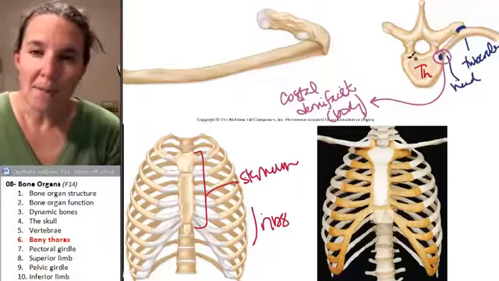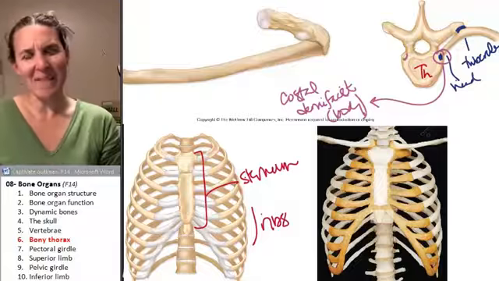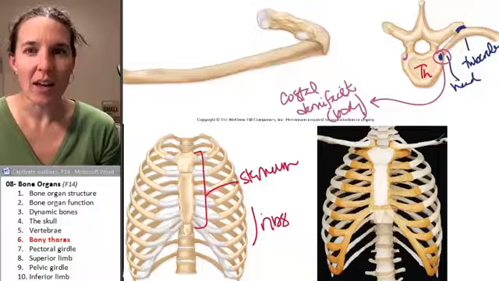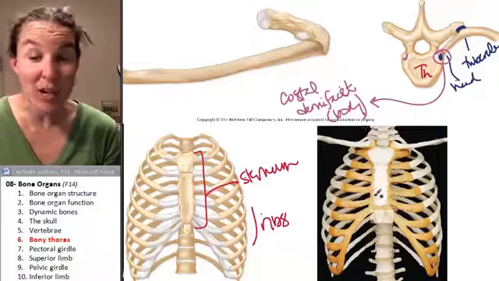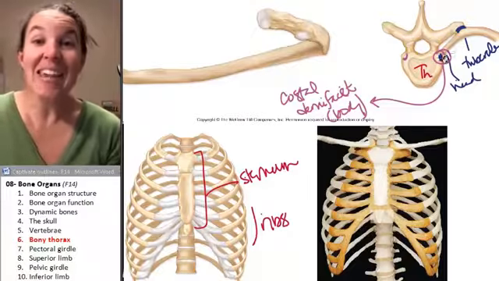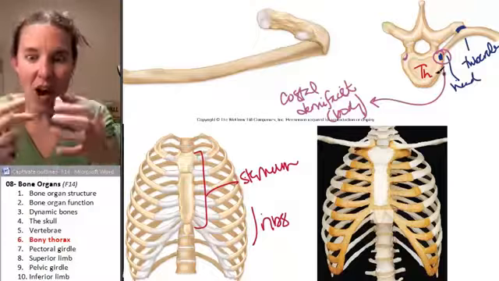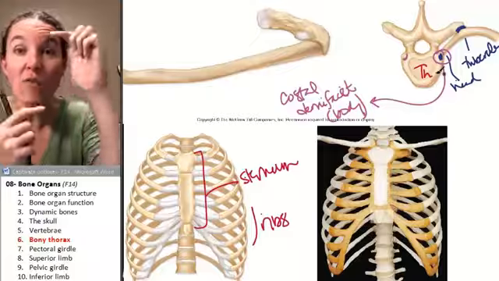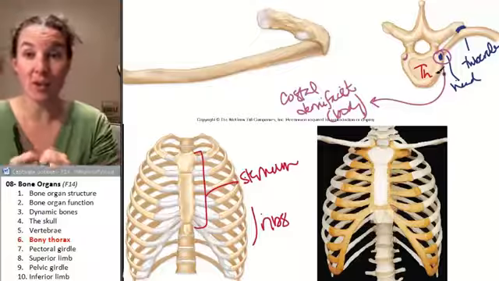Why is it called a demifacet? Demi, half. It's half a facet, which makes complete sense because you can't really see it here, but the head of the rib articulates with the costal demifacets of two thoracic vertebrae.